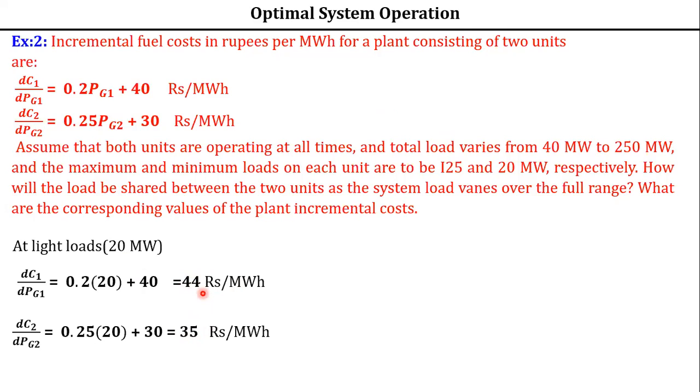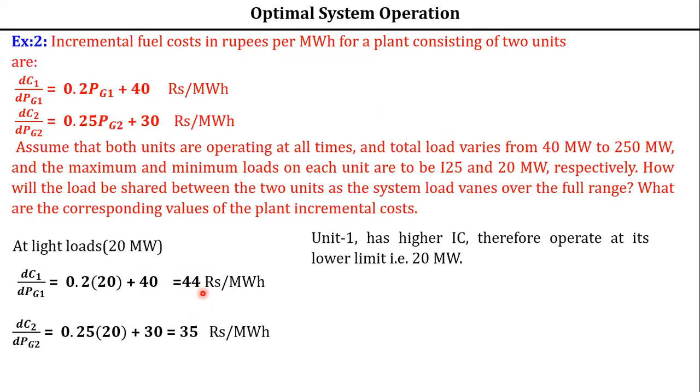So it is more. So obviously at light load, we will prefer unit 2. So unit 1 has the higher incremental cost. Therefore, operate it at its lower limit. Don't operate it at higher limits. Understood? We prefer unit 2 to take the additional load. But unit 1 is operating at higher incremental cost. So therefore, you fix unit 1 at its lower limit.